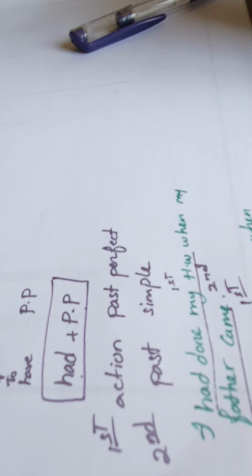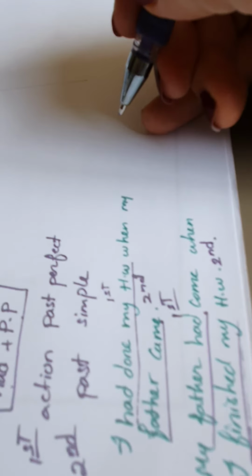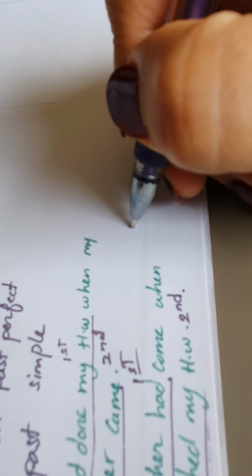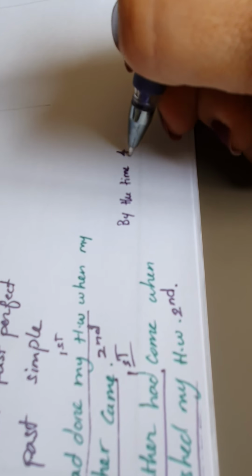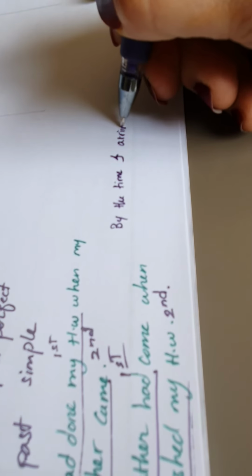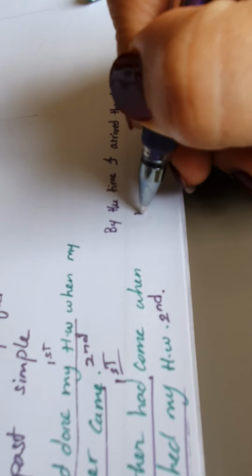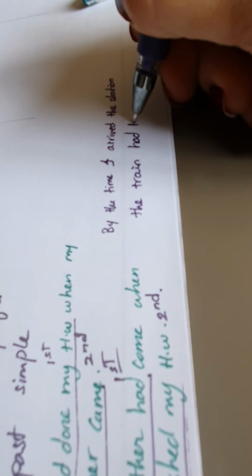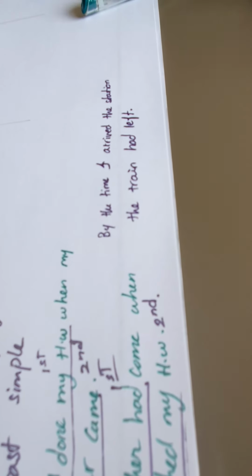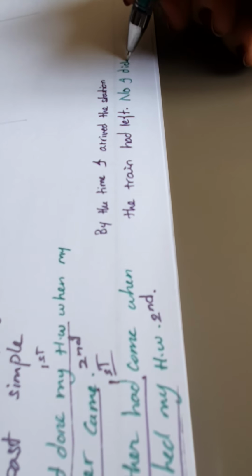Also, if you want to show that the train has left, for example, how do you say it? By the time I arrived at the station, the train had left. So did you take the train? No, I didn't take the train.